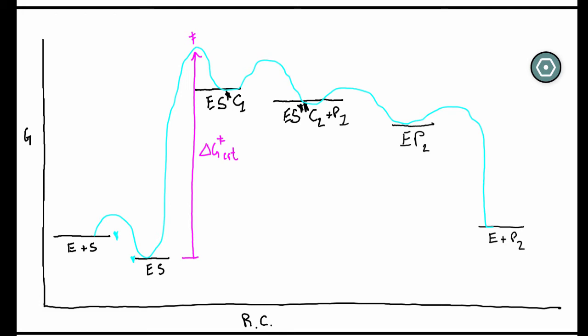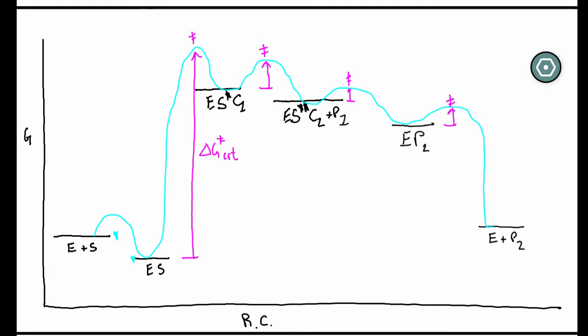Now we could say this, and I think this is important. We could look here and say, well, this is an activation energy, and this is a transition state. It's shorter than the other ones. We could say that from here to here is an activation energy, and from here to here is an activation energy, and each of these would be transition states.